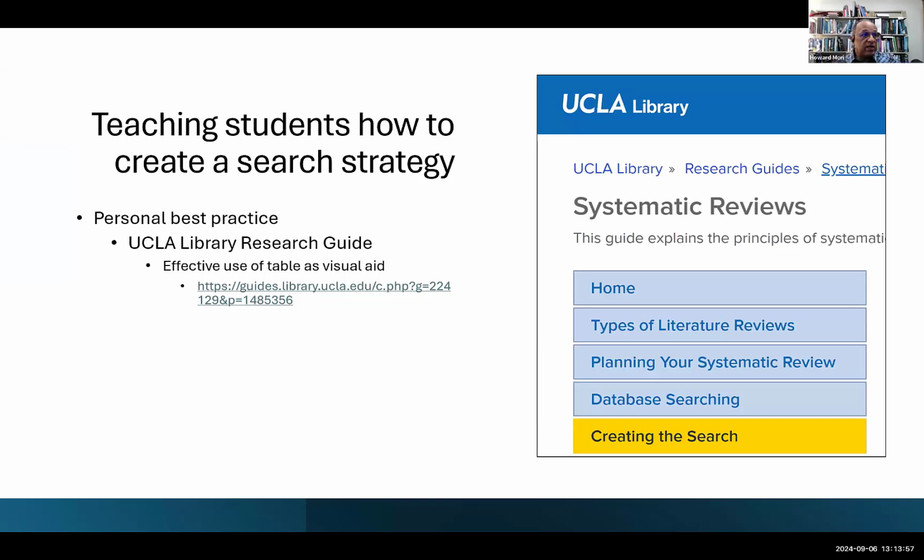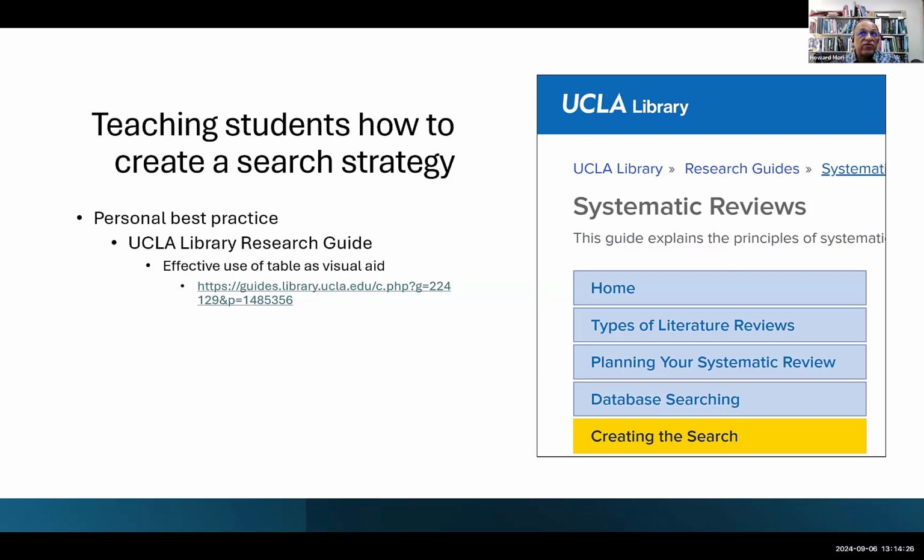Over the years, I created different slide sets, different strategies, pathfinders, if you remember what pathfinders are, right? And LibGuides, things like that, explaining how do you identify a research problem, how do you identify keywords from that, thinking about alternative terms, and then explaining, sometimes briefly, sometimes in depth, the concept of controlled vocabularies.